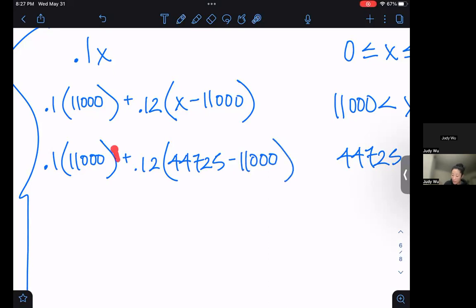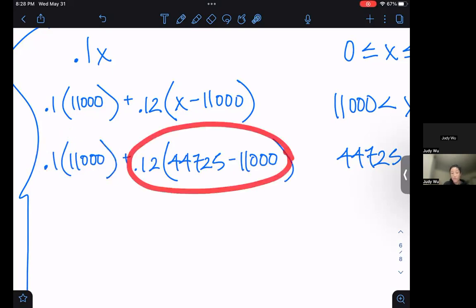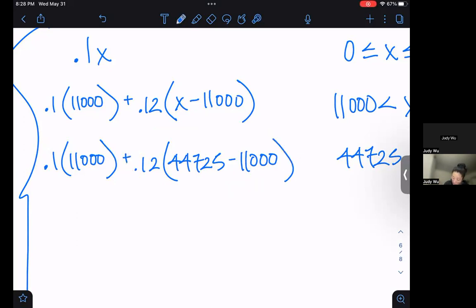Because 11,000 of it we already paid 10%. So everything between 11,000 and 44725 is going to be 12%, plus 22% of anything bigger than 44725.